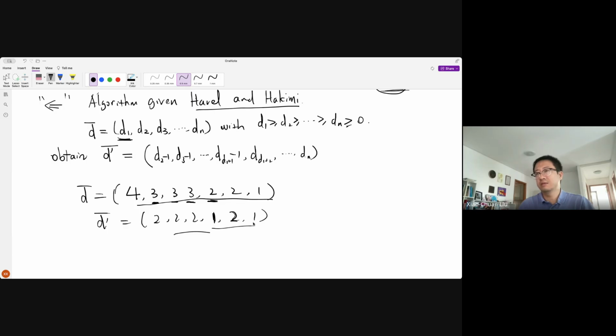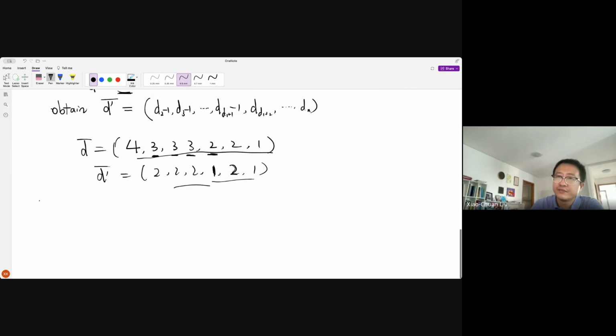I didn't say anything yet about how we are going to use this algorithm. But this algorithm actually can change the property of the sequence. So far we don't know how to use this. We will prove a proposition as follows.